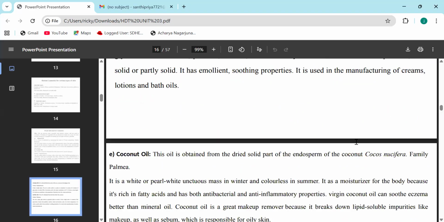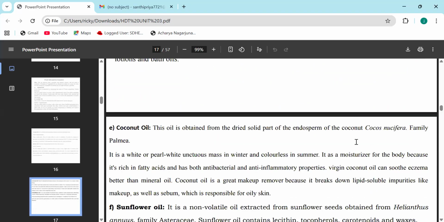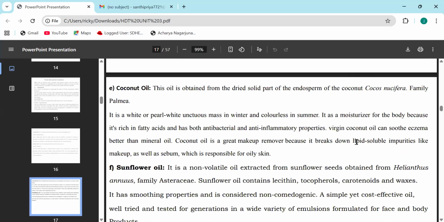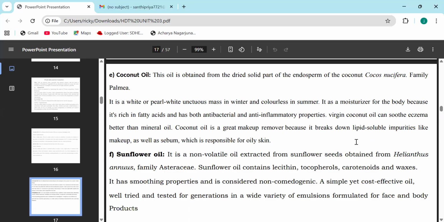And next, coming to coconut oil. The oil is obtained from the dried solid part of the endosperm of the coconut, Cocos nucifera. It belongs to the family Palmae. It is a white or pearl white unctuous mass in winter and colorless in summer. It is a moisturizer for the body because it is rich in fatty acids and has both antibacterial and anti-inflammatory properties.